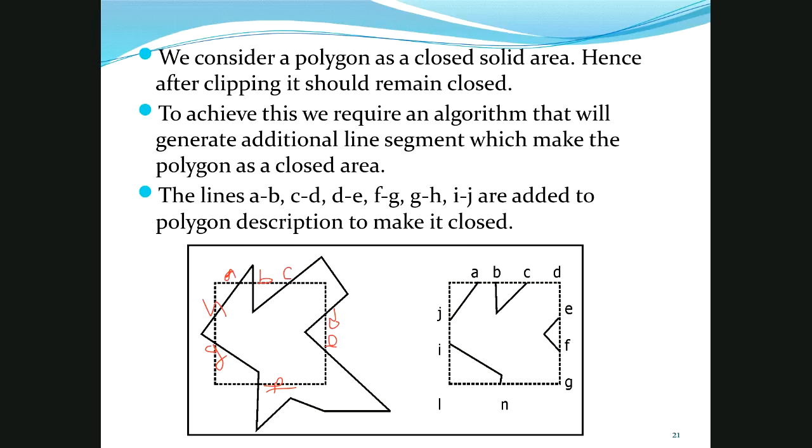So A to H there is one line, B to C there is one line, E to F there is one line, I to N there is one line.